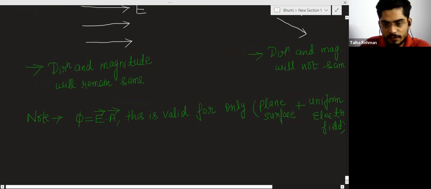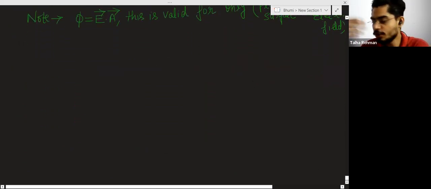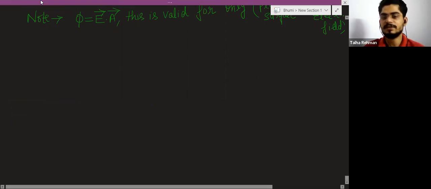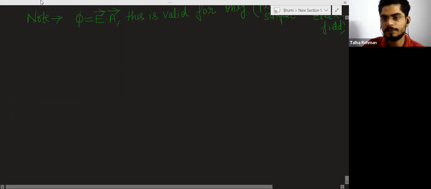Now, if the electric field is non-uniform, or the area vector is changing, meaning it is not a plane area, then we will use a different formula.